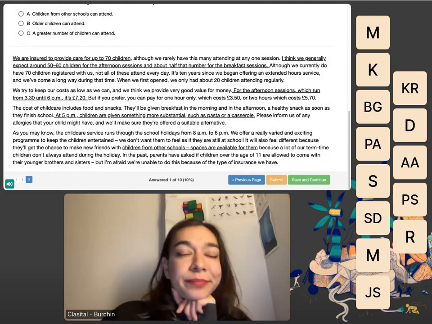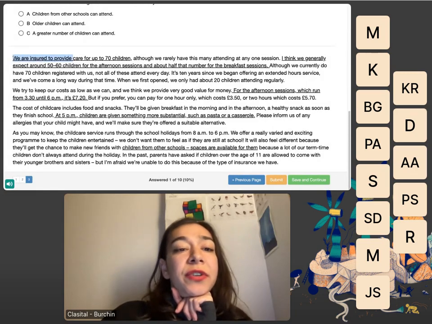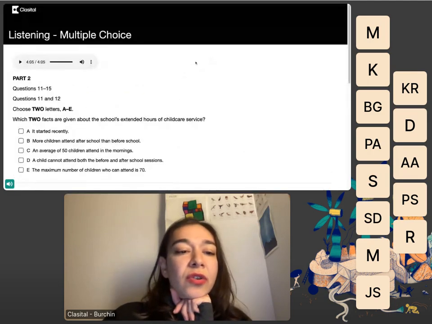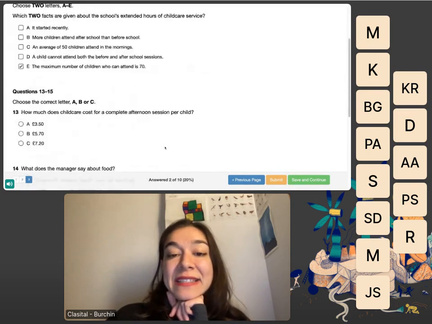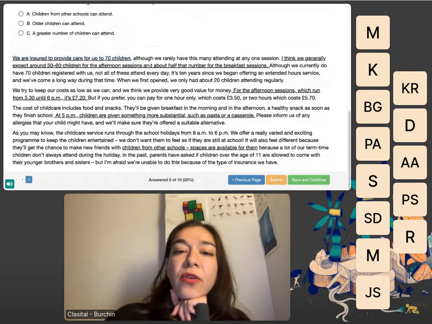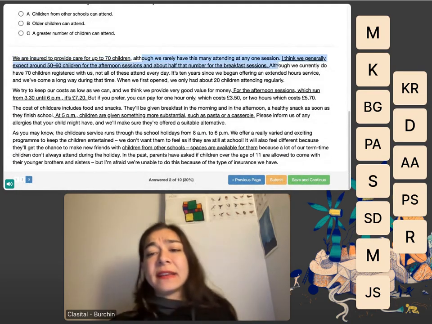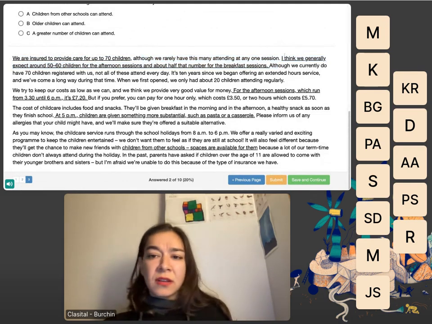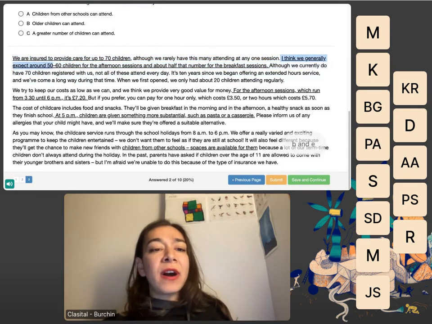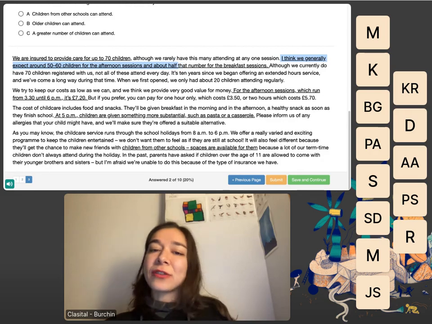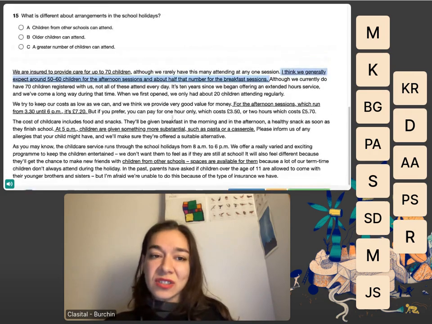In our audio, it says we are insured to provide care for up to 70 children. So one of them is the maximum number of children who can attend is 70. And it says, although we rarely have this many attending at any one session, I think we generally expect around 50 to 60 children for afternoon sessions and about half that number for the breakfast sessions.